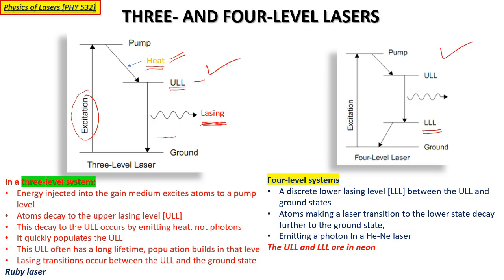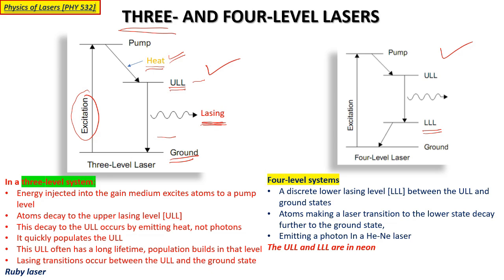That is why, as I mentioned before in my lectures, pulse lasers are usually 3-level lasers, and CW lasers are usually 4-level lasers. The reason, as I mentioned, is that it needs a lot of energy to pump again and to start the process.